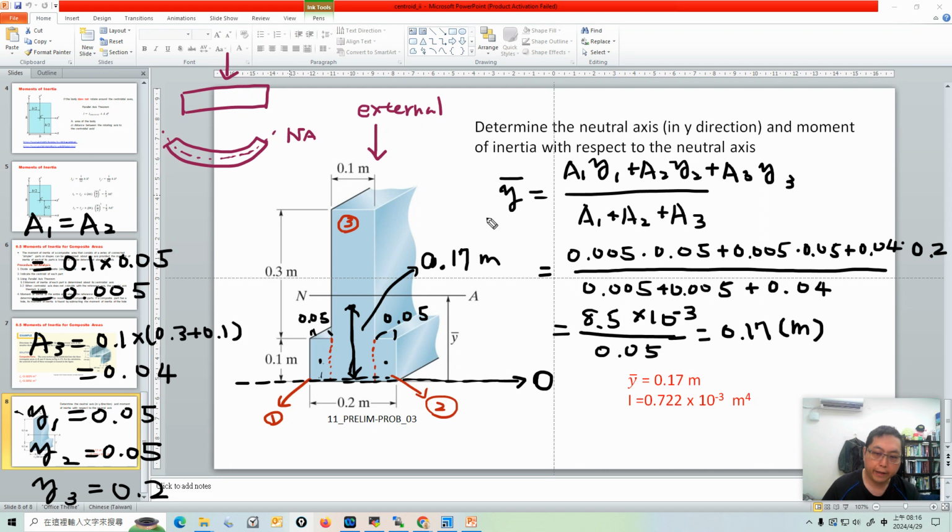Then we have to calculate the moment of inertia with respect to this neutral axis. That's the second part of this problem. This is the first part.